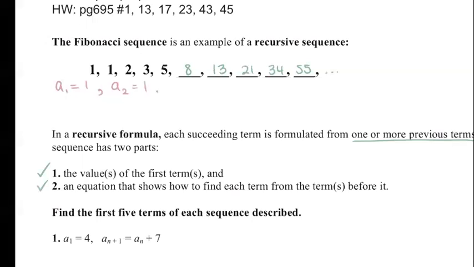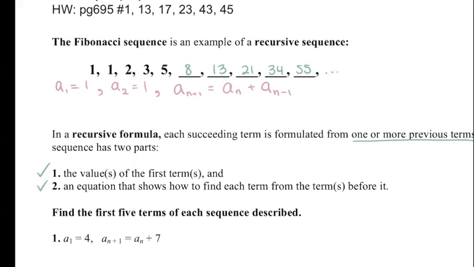And then A sub n plus 1 is equal to A sub n plus A sub n minus 1. That's how I would write the equation.